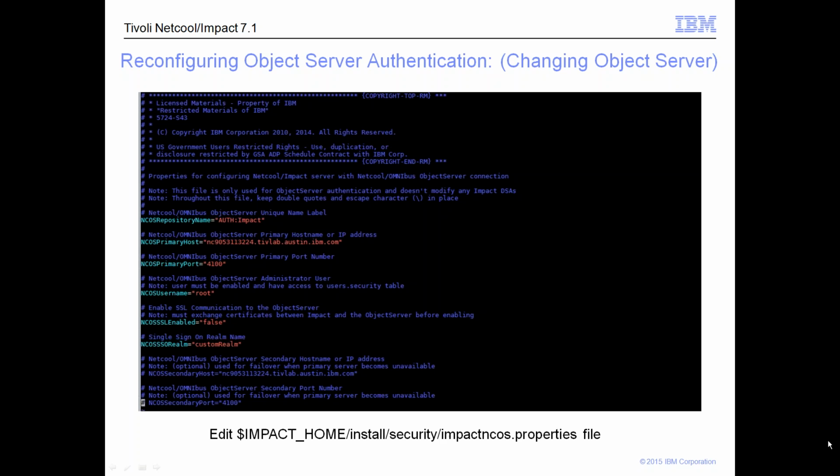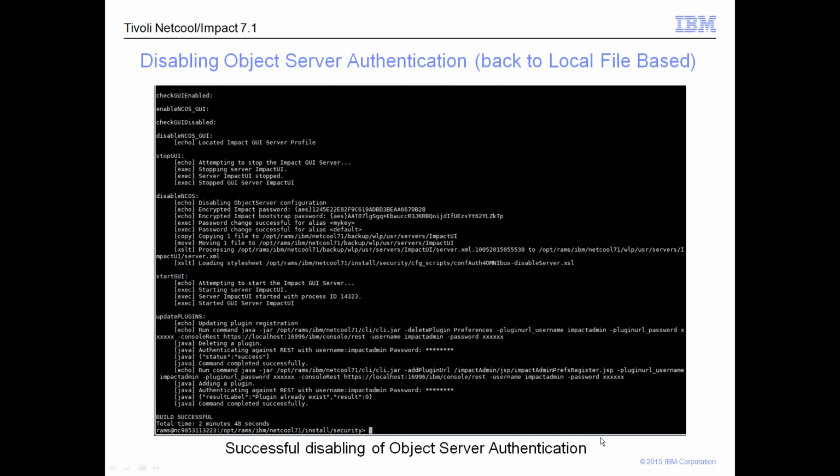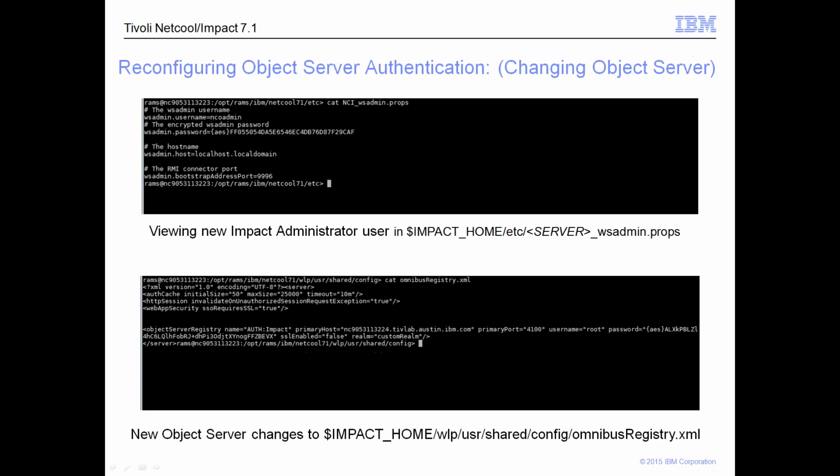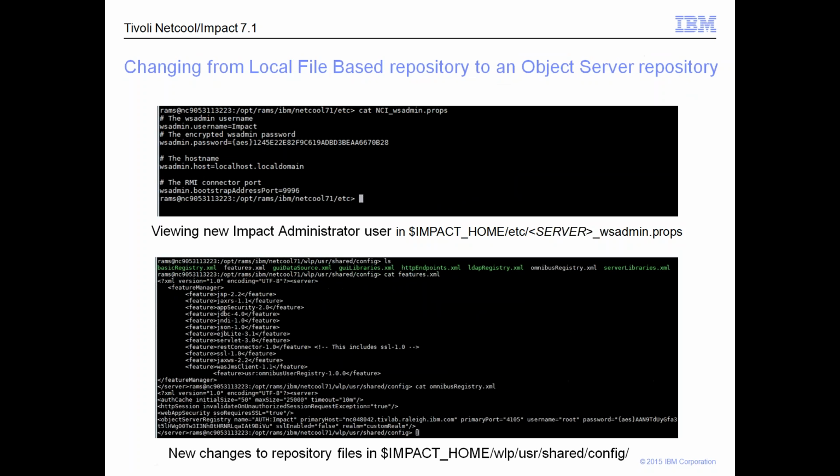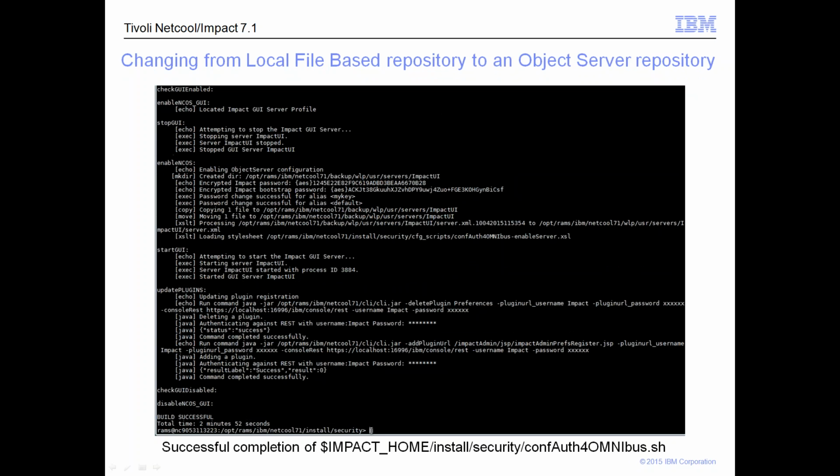Okay, there's one more question. Does the Omnibus user you're attempting to make as the impact administrator user need to already exist in Omnibus, or can you add that user to Omnibus after configuring the user repository on impact? Right. So, yeah, I've tested that. Let me get back to the configuration screen.